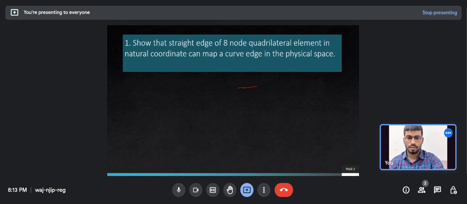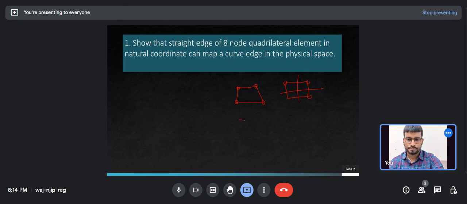That means if this is your element, this is a four-noded element, and in this element in the physical space, the edges between the nodes are linear, right? So for this type of element, we can easily map by using four-noded element or eight-noded element, right?